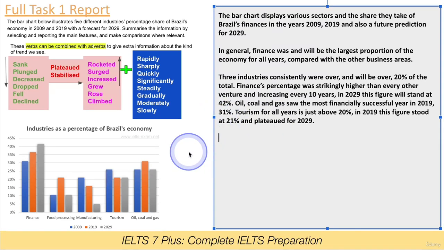Tourism for all years is just above 20%. In 2019, this figure stood at 21% and plateaued for 2029. So you can see that we are stating figures, but we don't always have to put the percentage. We can talk about them in other ways, which is quite nice as well. So we're mixing that up a bit, different sentence structures.